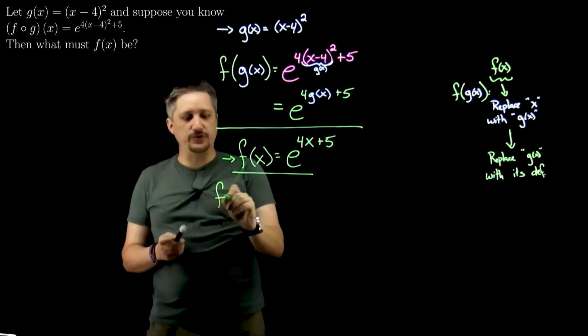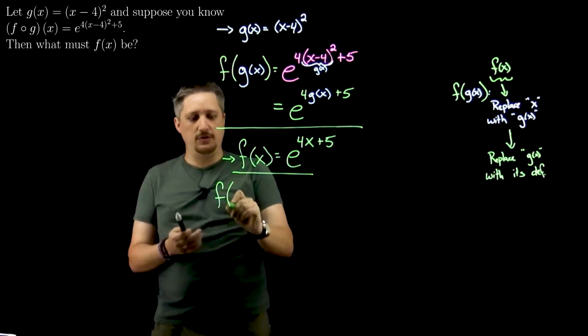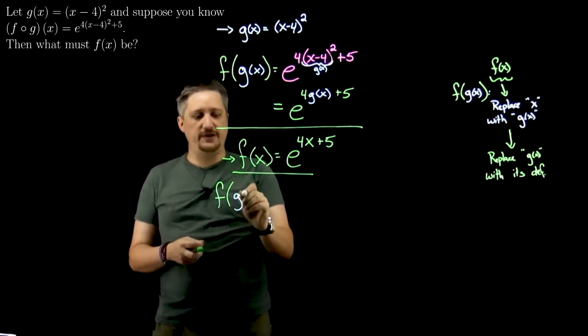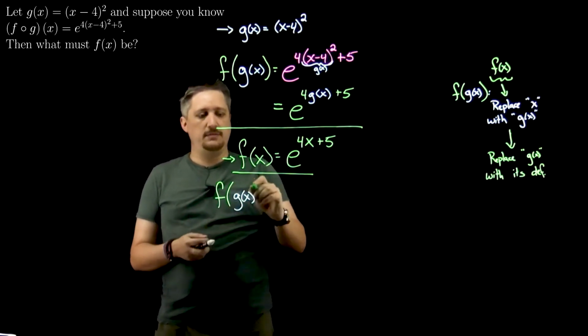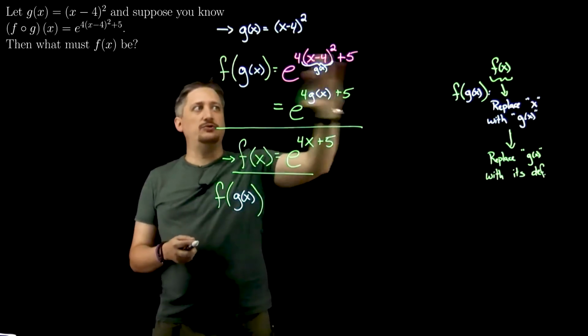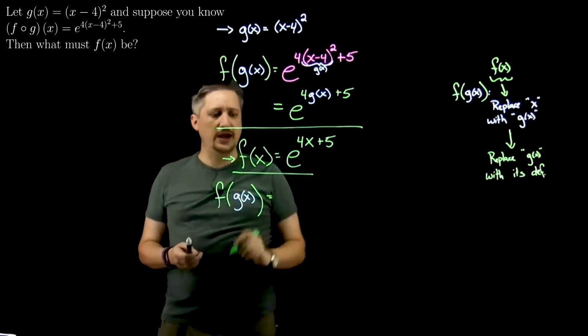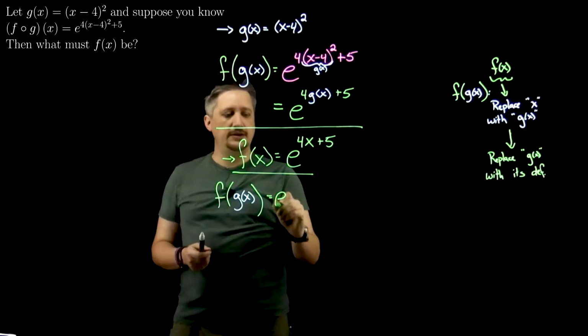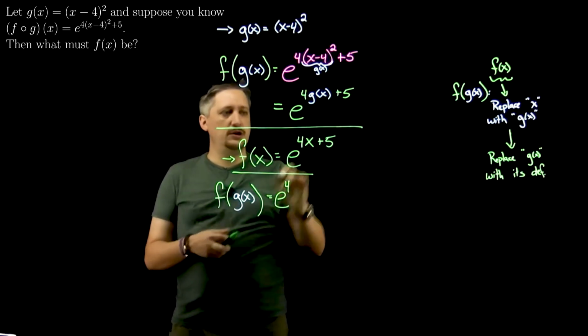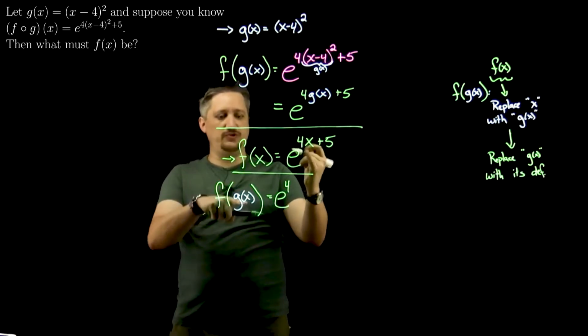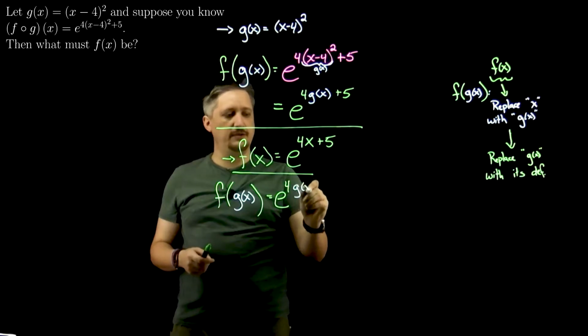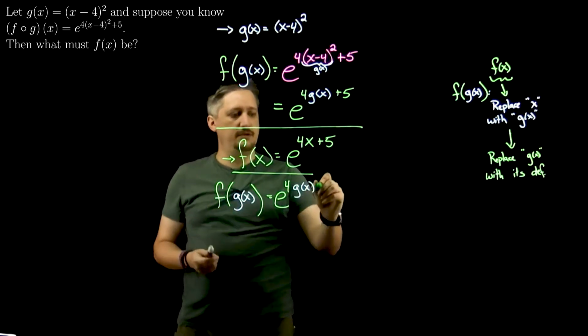So I do f of g of x by using just f and g, don't look at any of this. How does that work? Well, I'm going to have e to the 4, replace the x with g of x. I have g of x plus 5.